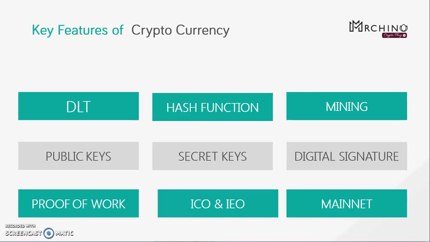A digital signature is intended to solve the problem of tampering and impersonation in digital communication. So these are security features of cryptocurrency. If you look at all these things, digital signature, secret keys, public keys, mining, hash function, DLT, all of these are focused on enforcing security, ensuring that the architecture, the framework of cryptocurrency is highly secured.